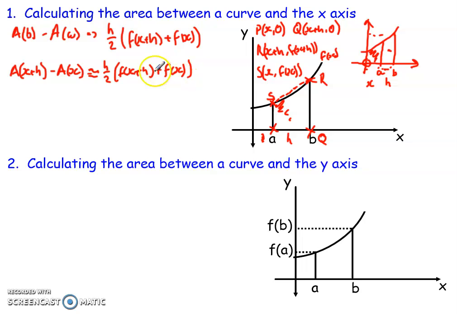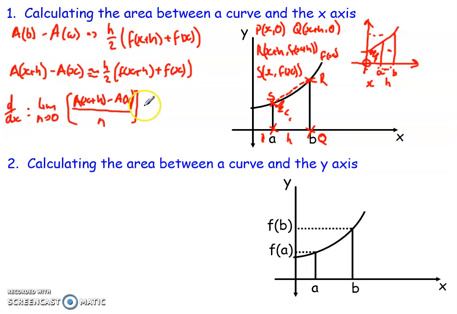So that means we can take our formula for the derivative, which is d by dx, given by the limit as h tends towards 0 of A of x plus h, take away A of x, all over h. And we know that that's going to equal this all over h as h tends towards 0. So that's going to be the limit as h tends towards 0 of a half, bracket f of x plus h, plus f of x.